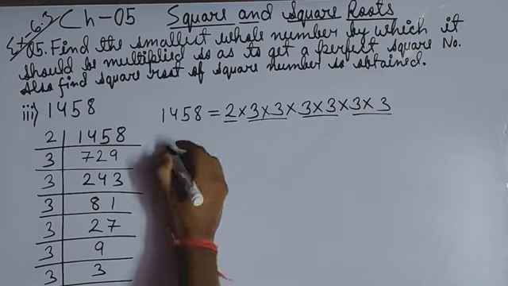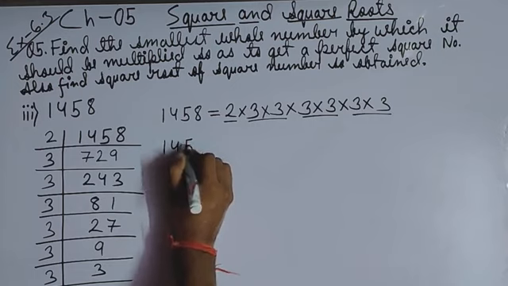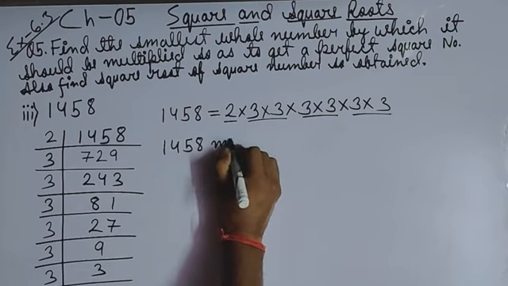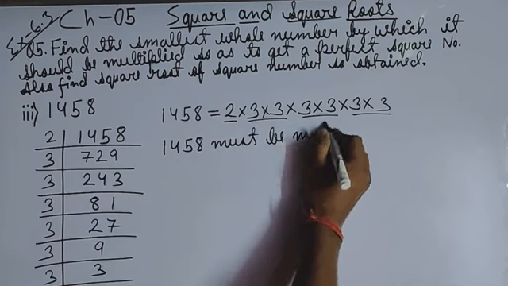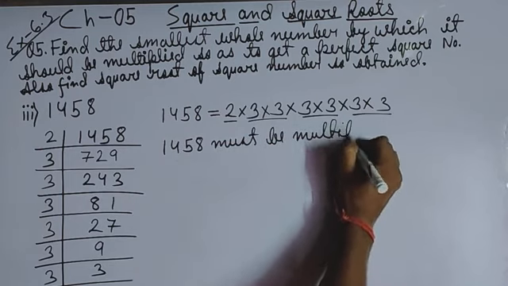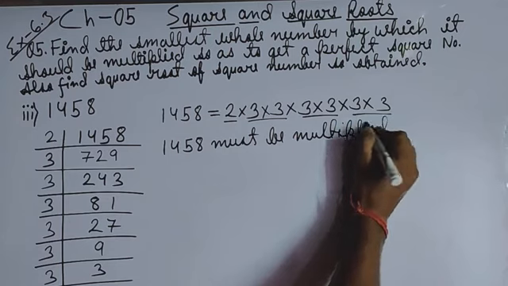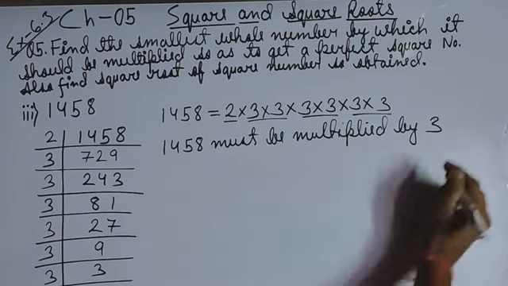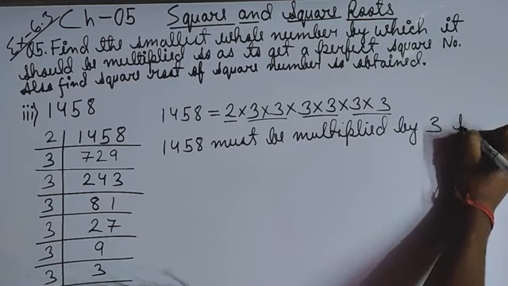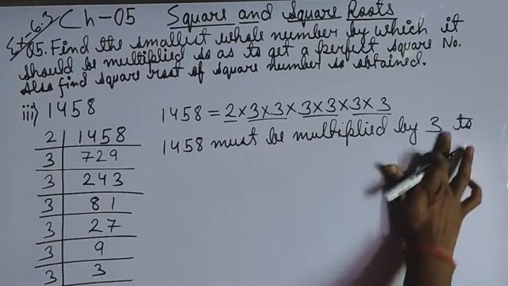So this number 1458 must be multiplied by 3 to obtain, sorry, must be multiplied by 2.